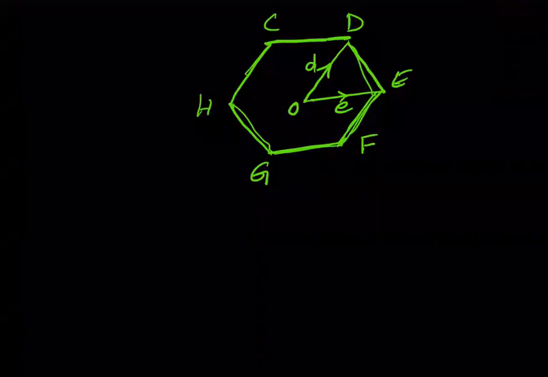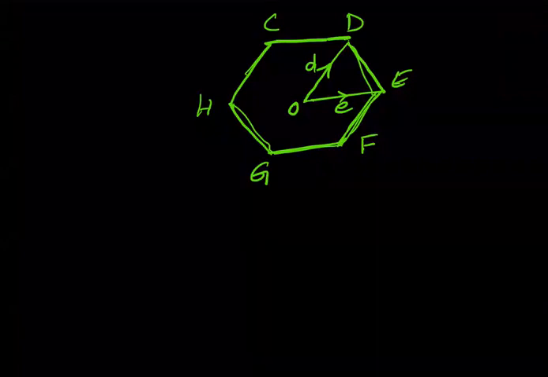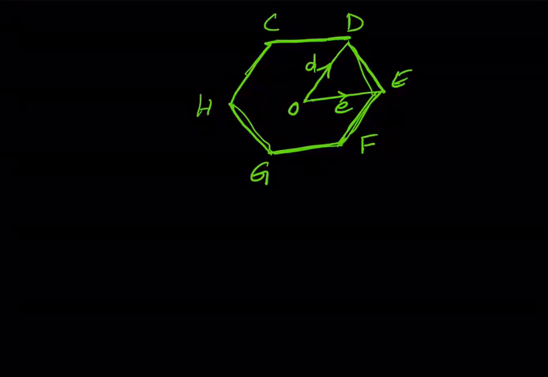They give you this shape and the vectors from O to E is E and O to D is D. And these are the directions. And they ask you to find HE.